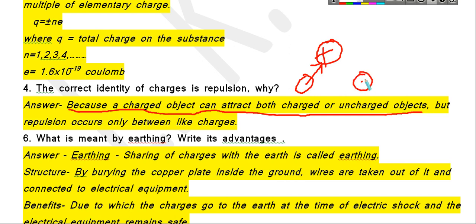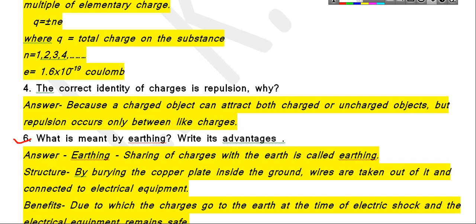When a negatively charged body is brought near to it, then it will also attract. Thus this charged body attracts both uncharged and charged bodies. If there is a plus charged body, and a plus charged body is brought near to it, then it will always repel. Thus repulsion is the identity of charge.